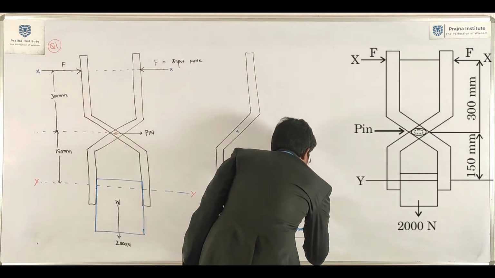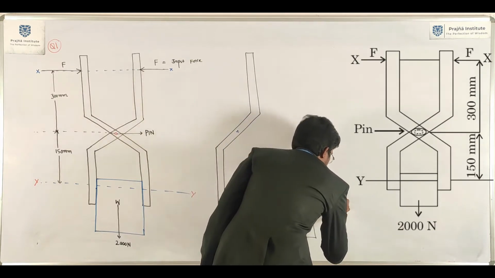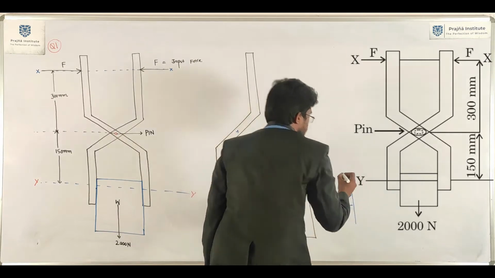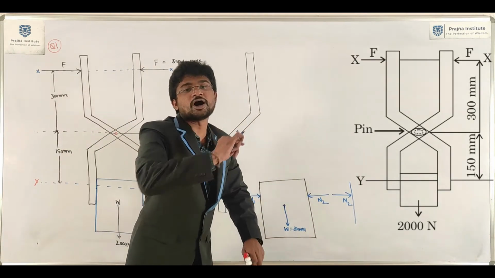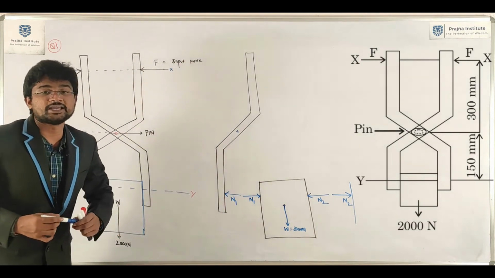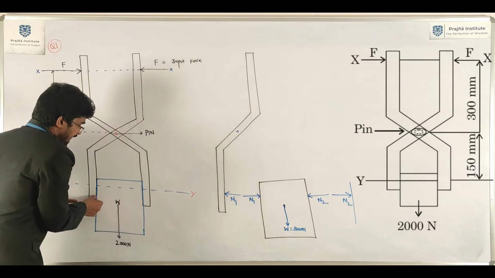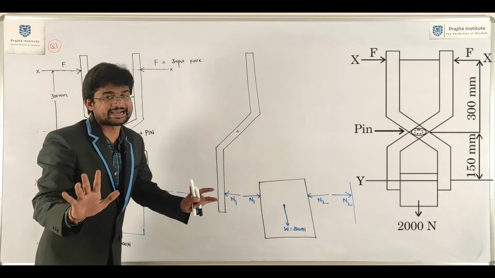Here N2 is acting on the weight and N2 is acting on the other gripper. Here we have two contact surfaces, so two normal reactions.